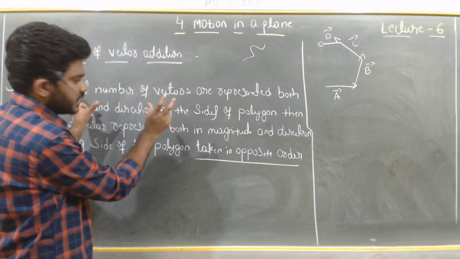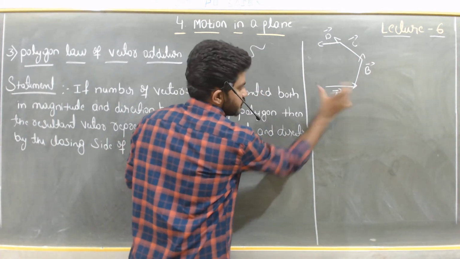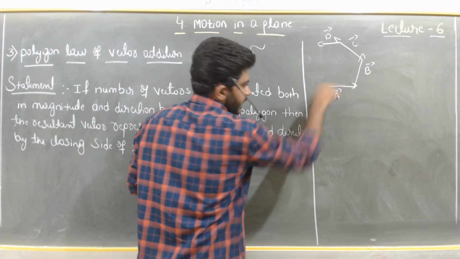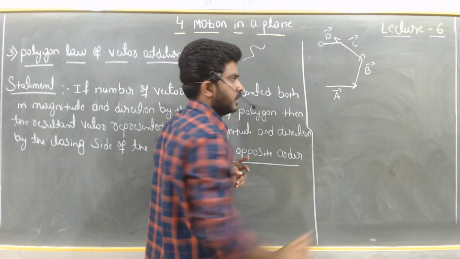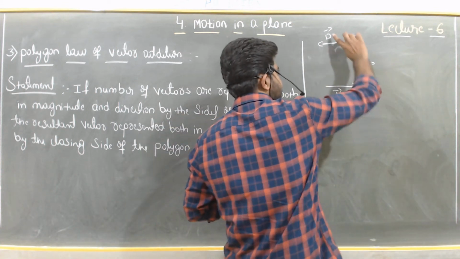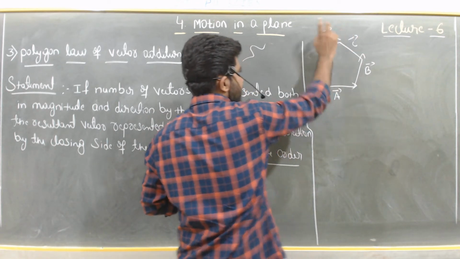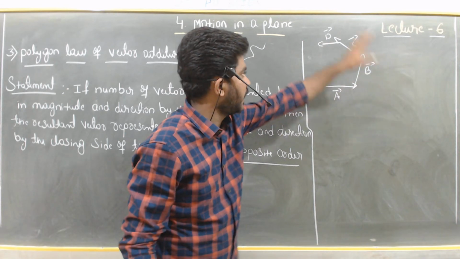According to the statement, I have represented vectors in magnitude, this much length. Length is nothing but the magnitude or value, and A is in this direction. B I have also represented in this direction with magnitude, C also in this direction with magnitude, and D also in this direction with magnitude, right? Our operation is to add all the vectors.